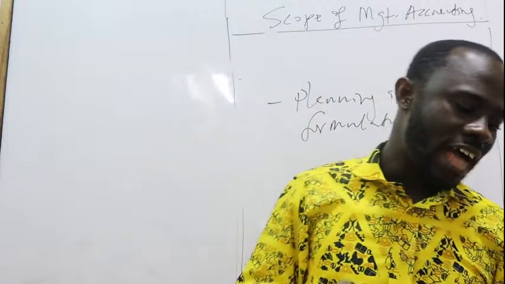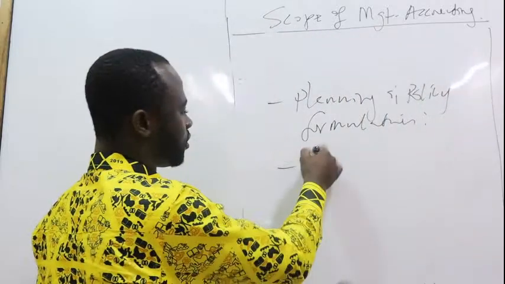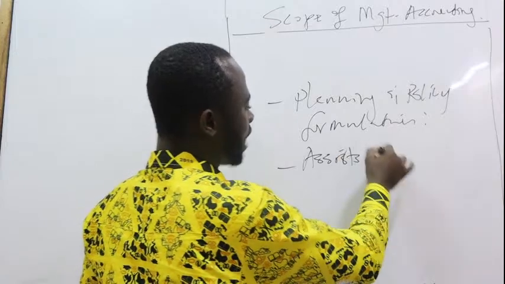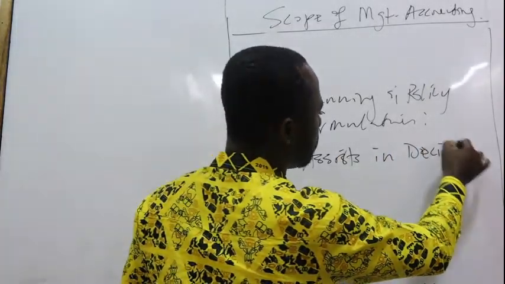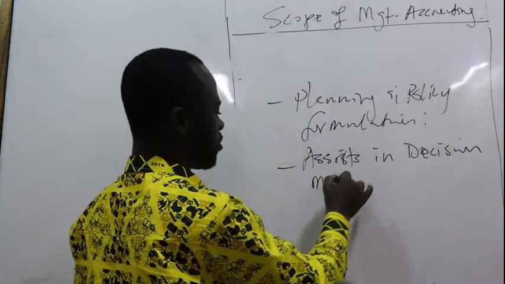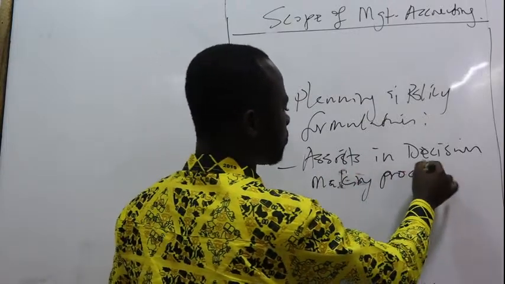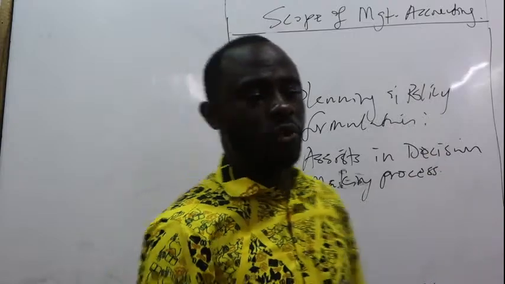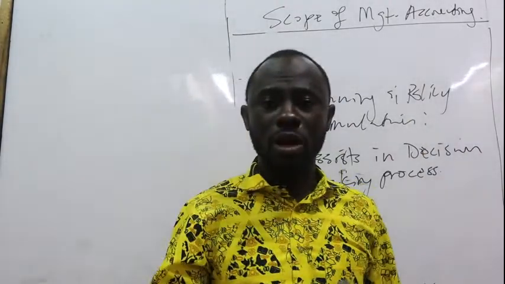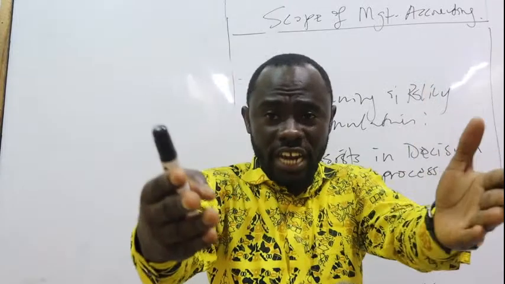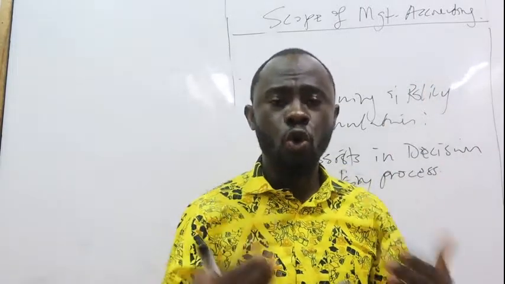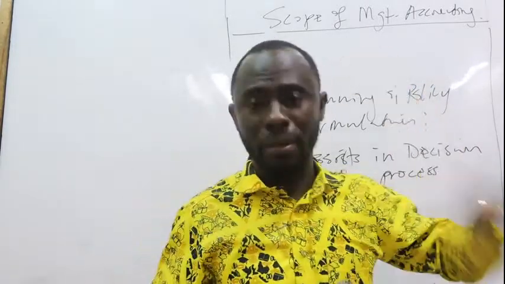2, assist in decision-making process. When management want to make policies, management want to make decisions, what do they need? They need information. Who can provide them with that information? The management accountants.